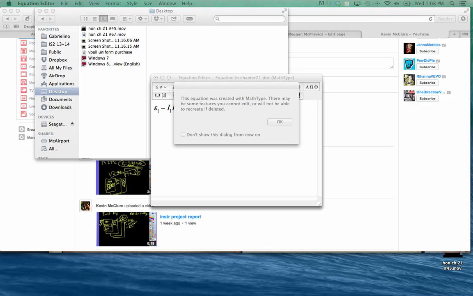Okay, questions? Yeah. Look at the battery symbol real quick. This is the battery symbol. That's the battery symbol, right?